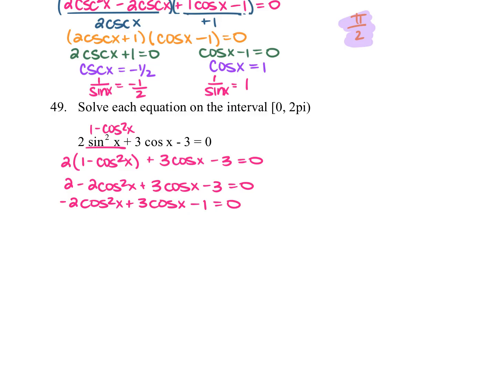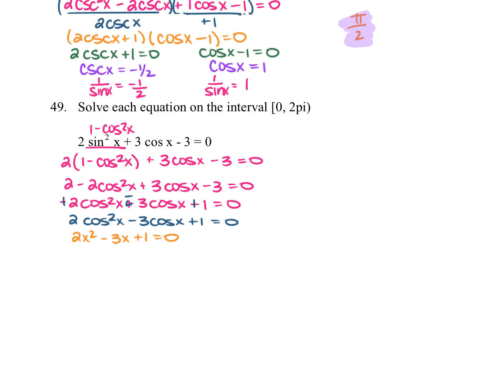From here, we're going to factor. We're going to change the sign on each of these terms to factor out a negative 1. That then cancels out. So you have 2 cosine squared x minus 3 cosine x plus 1 is equal to 0. You can simplify or rewrite this. I would rewrite it to be 2x squared minus 3x plus 1 is equal to 0.